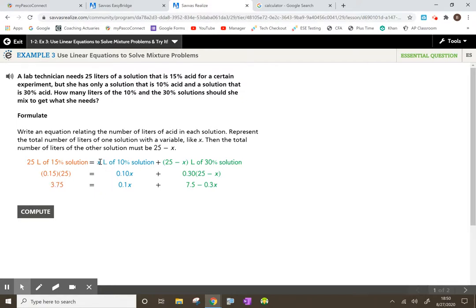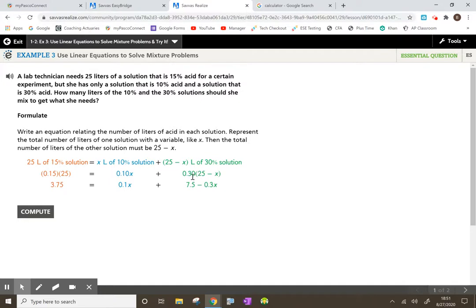If we don't know how many liters, that's why we call it x: x liters of the 10% solution. That's going to be 0.10x, plus the 25 minus x, which is the leftover amount, times the 30% solution.